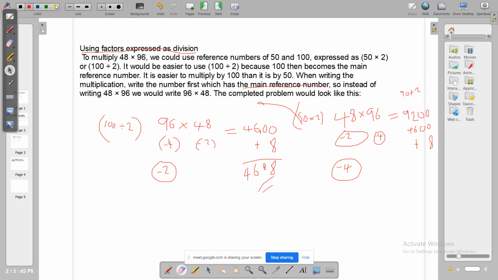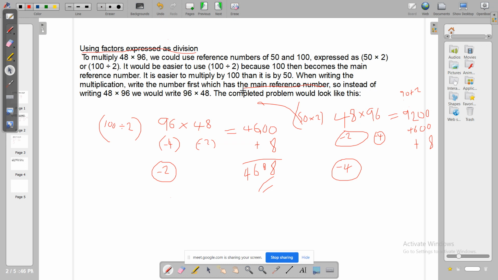We have to deal with 50 times 92, because when you subtract 4 from 96 it will be 92. So we have to multiply 50 by 92. It will be difficult for me, so what I'll do is make it 100 divided by 2.